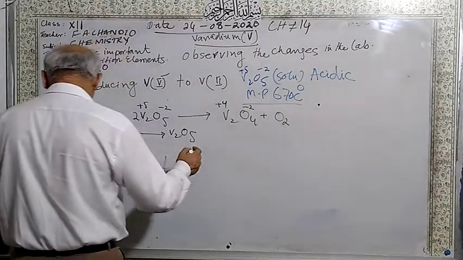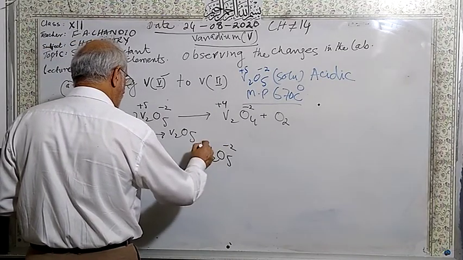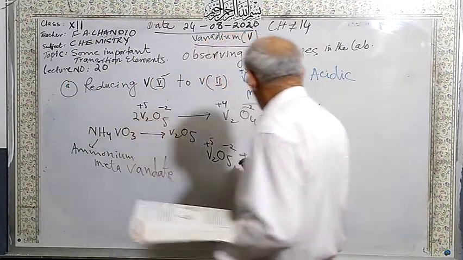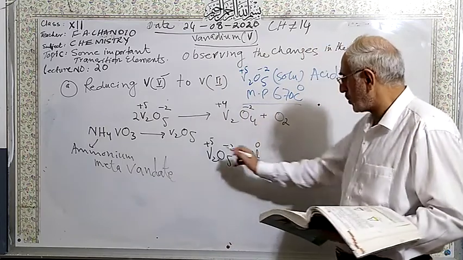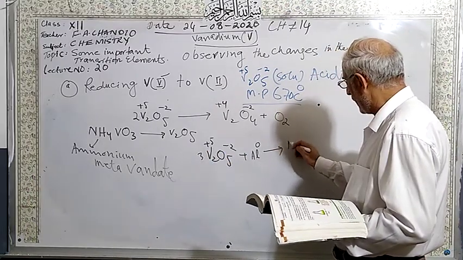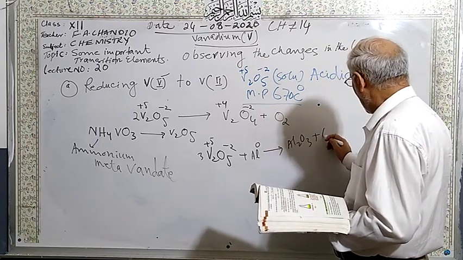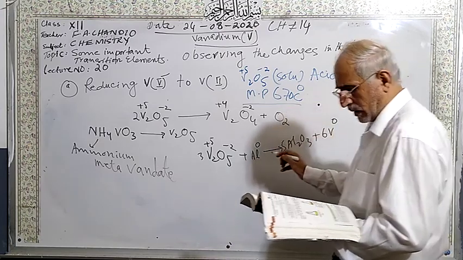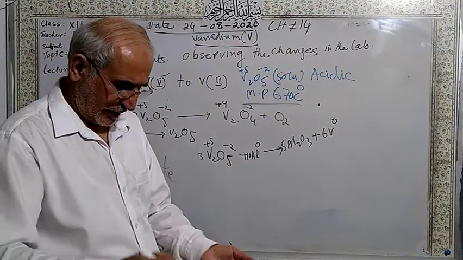Students, this vanadium pentoxide +5 oxidation number, if I use aluminum as a reducing agent, this vanadium converts into aluminum trioxide, meaning aluminum is going to be oxidized, and vanadium 0 oxidation number.